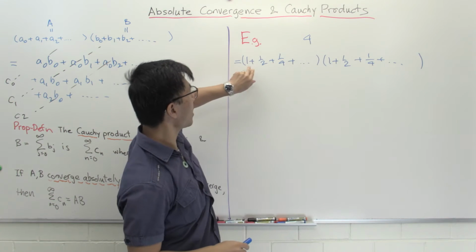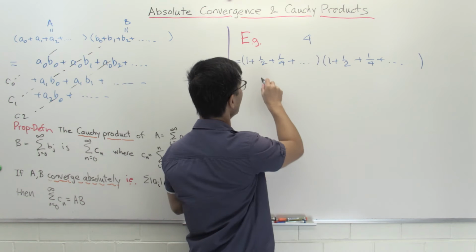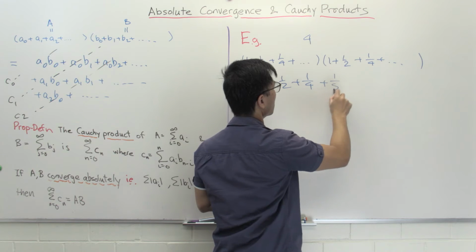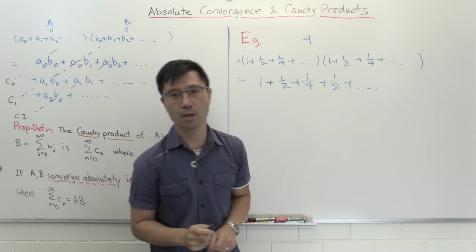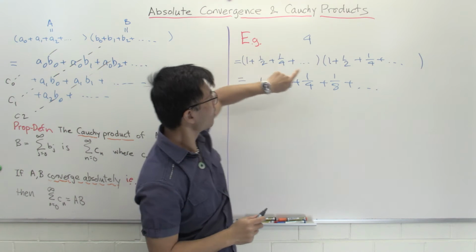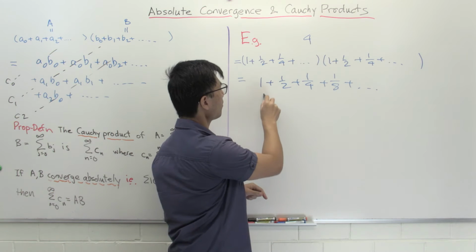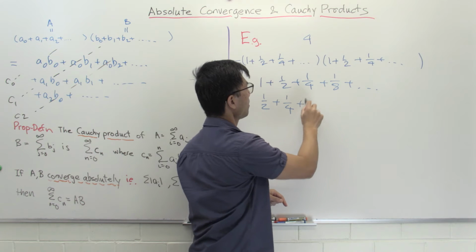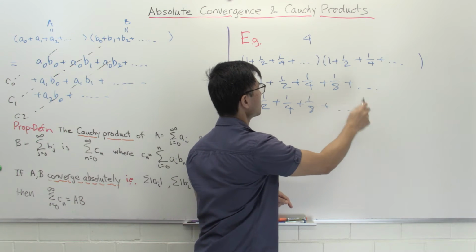Okay, so we'll multiply 1 by this thing here, 1 plus half plus a quarter plus an eighth plus and so forth. And then we'll multiply half by this series over here, so you'll have half plus you have this at 1/4, so it's the next term, plus an eighth plus and so forth.